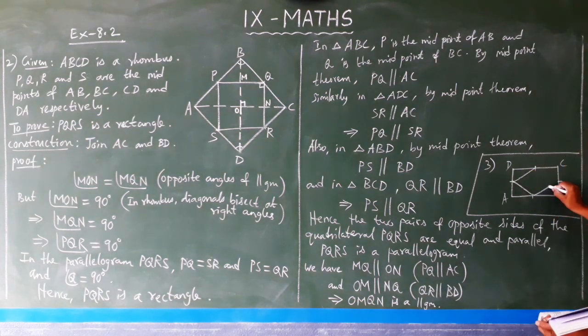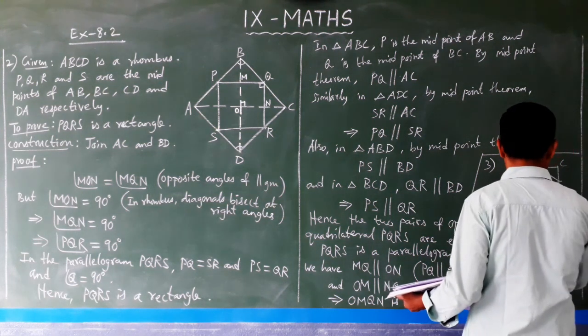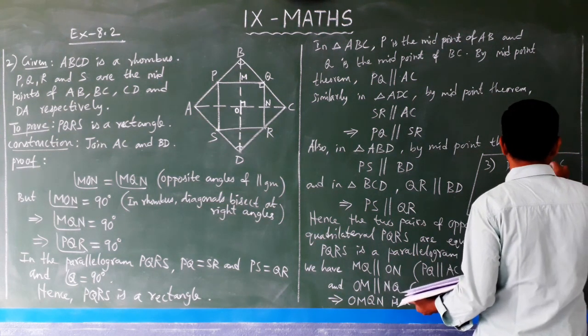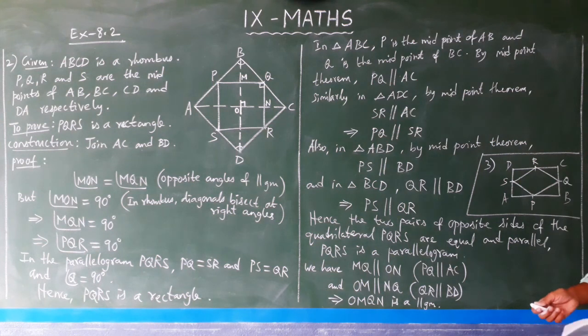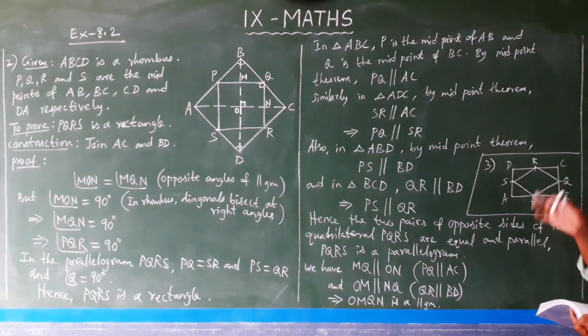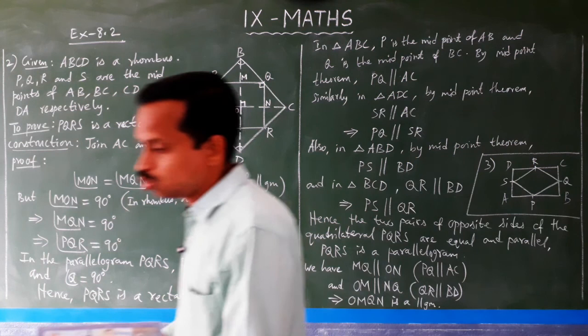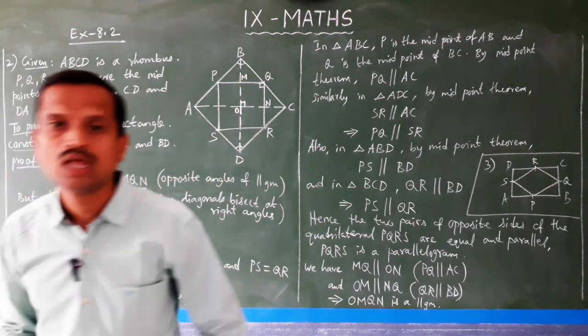All the midpoints of the rectangle you have to join. These are the midpoints of the sides of the rectangle, and if we join, we get a quadrilateral. We have to say that quadrilateral PQRS is a rhombus.